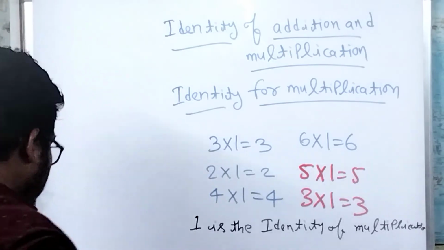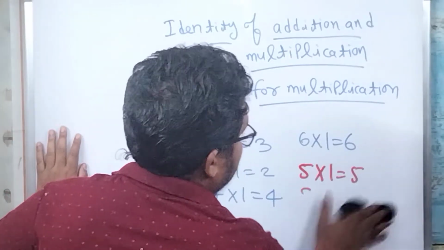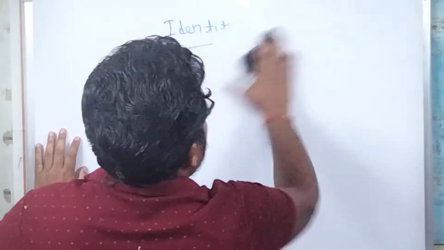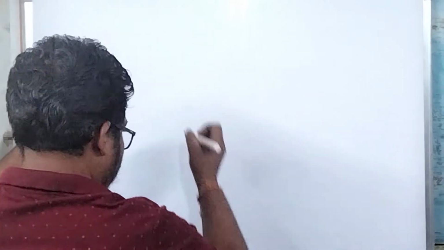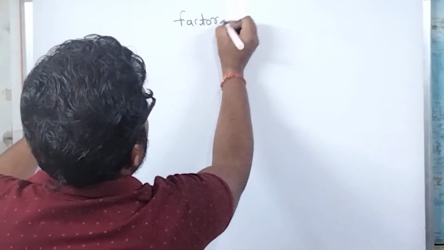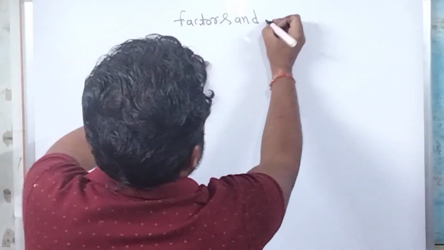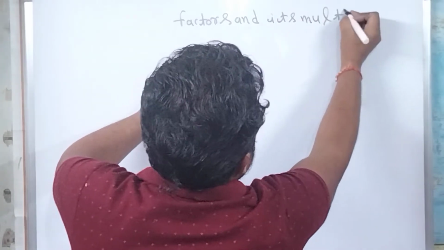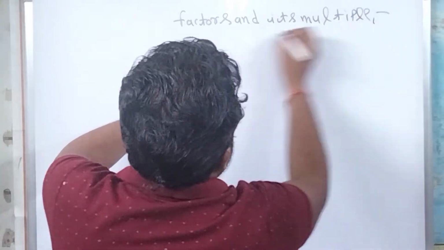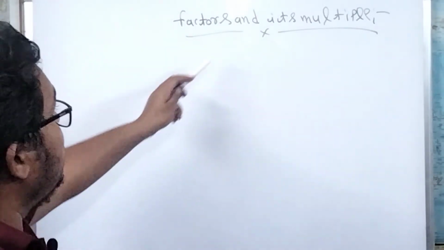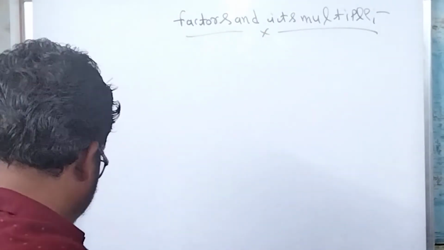Friends, here we see the next topic. Factors and multiples. Factors and its multiples. Friends, our topic is factors and its multiples.